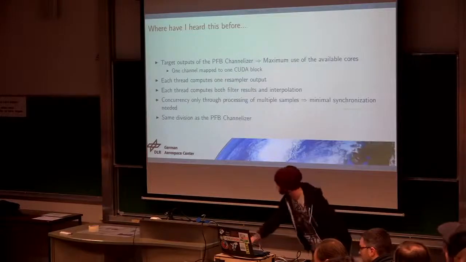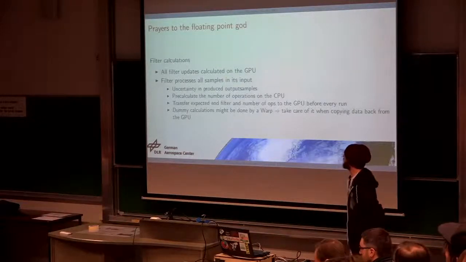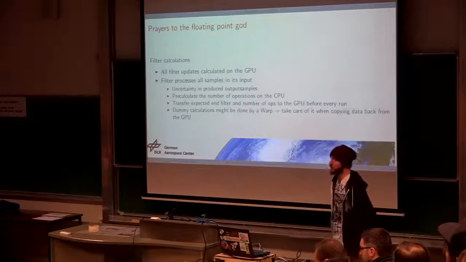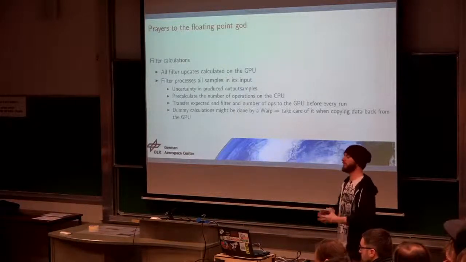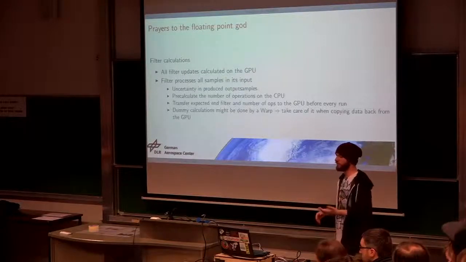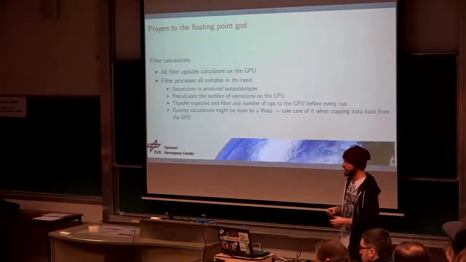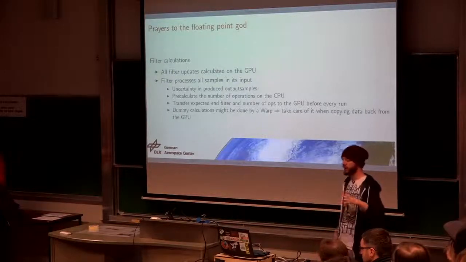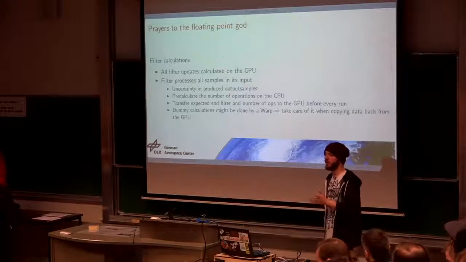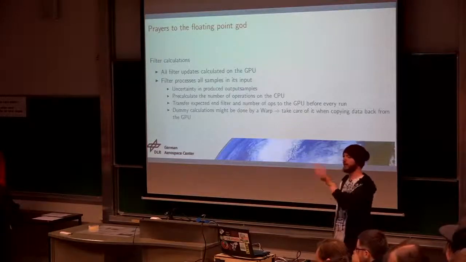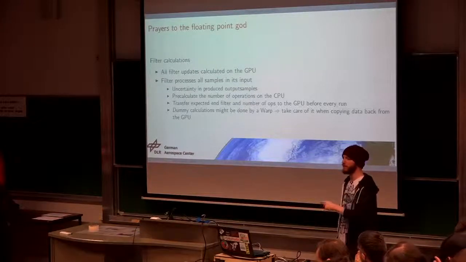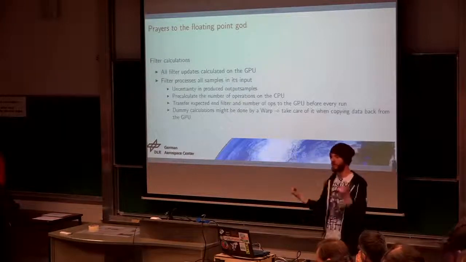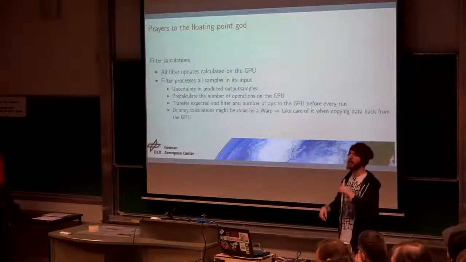So, most of these filter calculations, and by filter calculations I mean deciding which filter to use, are done on the GPU, except for one thing. I made the decision that if I have output from the channelizer, I have to transfer that back to the CPU, and I have pretty good CPU host code for streaming, which I didn't have for the GPU.